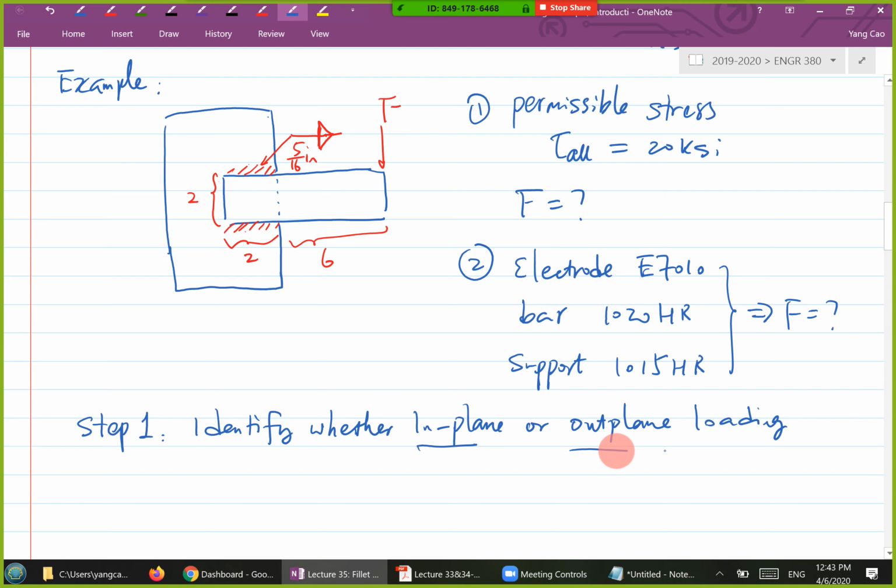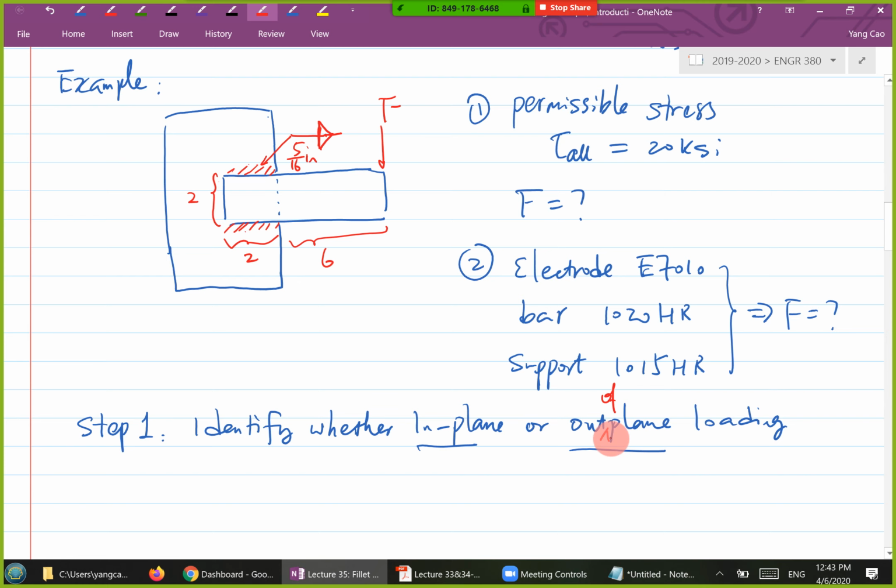As we explained in the previous lecture, in-plane and out-of-plane refer to the relationship between the load F and the weld group. If you can place both the weld group and F in the same plane, they are called in-plane. Otherwise, they are out-of-plane.